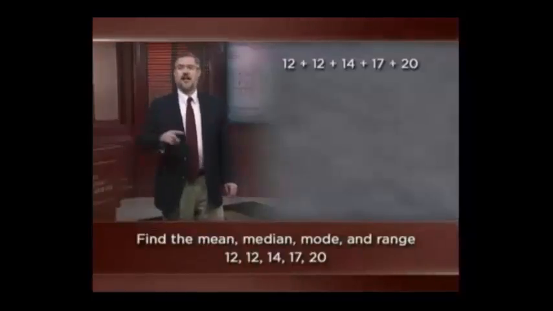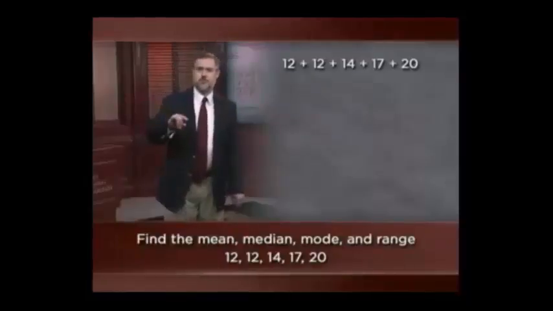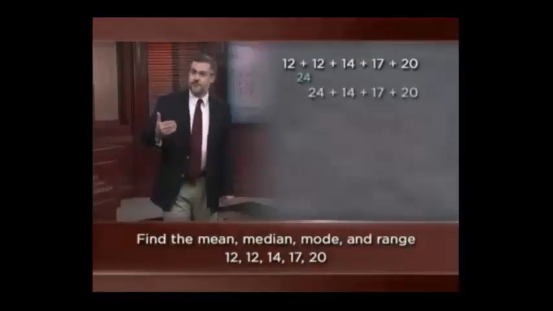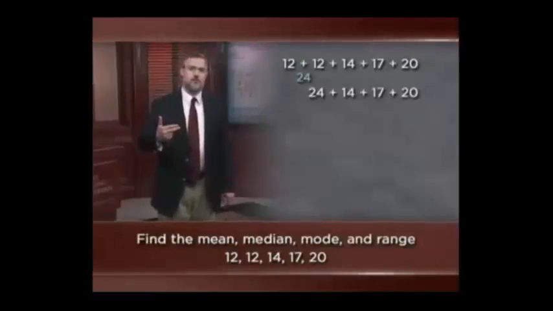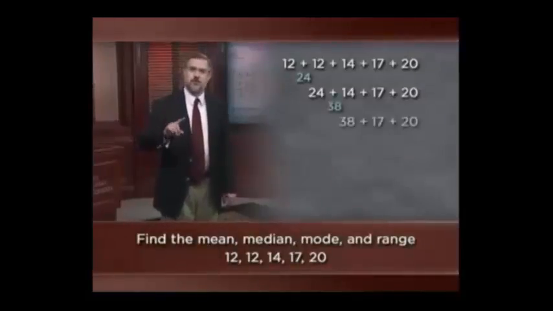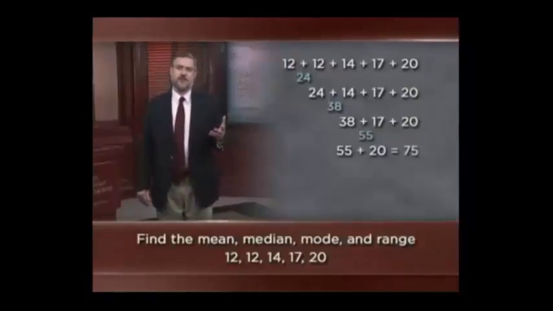So I'm just going to add them from left to right. And when I do so, I get the following. The 12 plus 12 is 24, so I have 24 plus 14 plus 17 plus 20, and 24 plus 14 is 38, so that gives me 38 plus 17 plus 20. 38 plus 17 is 55. I have 55 plus 20, and of course that is just 75.